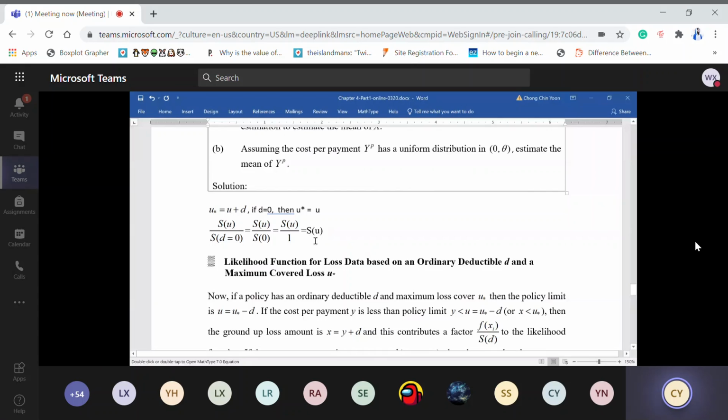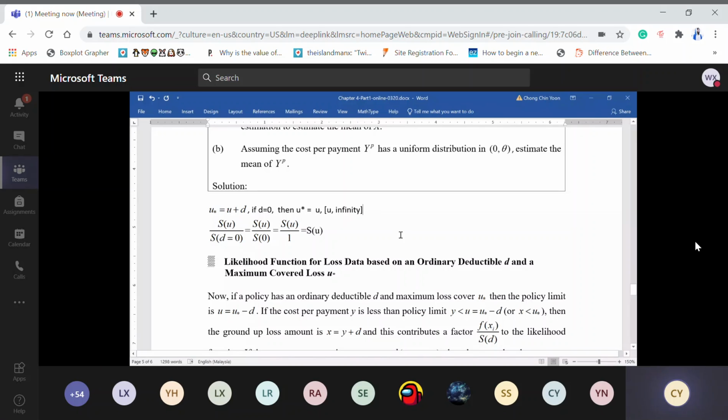And remember, U is right censored, so it's incomplete after U. That is, we don't have any data. So in fact, this is group data, right? When you involve the U, this is group data from U to infinity.